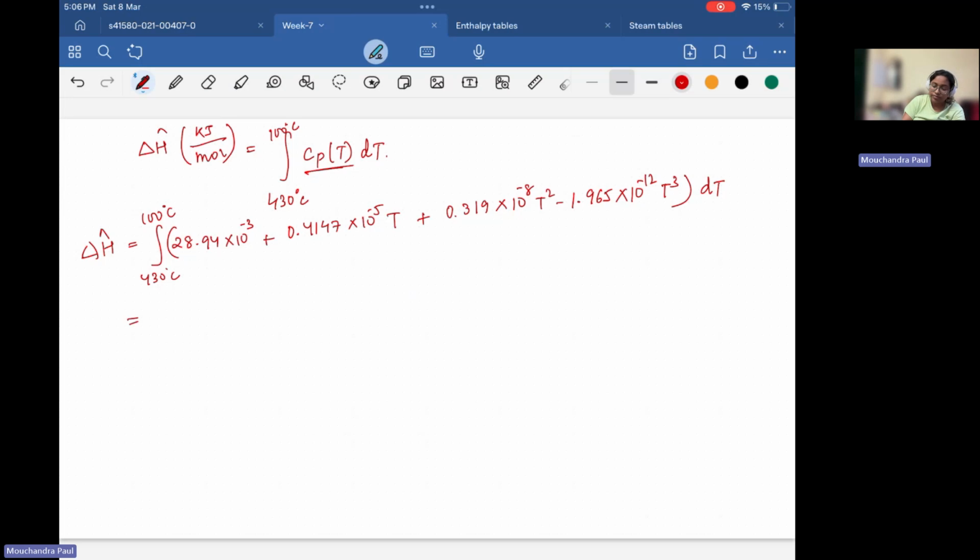All right, let's do it. The first term, there will be 28.94 times 10 to the power minus 3 T. So here T will be, first let's integrate it and then we'll put the values.